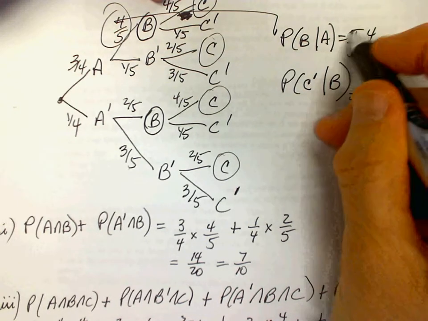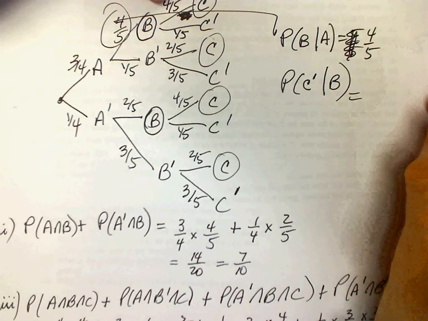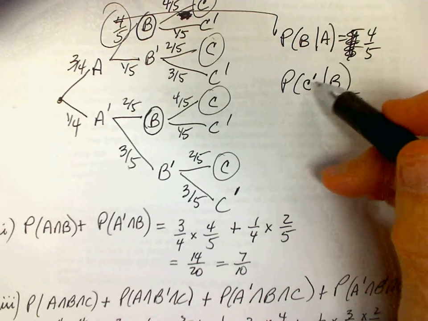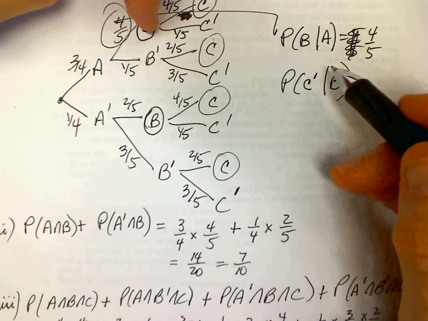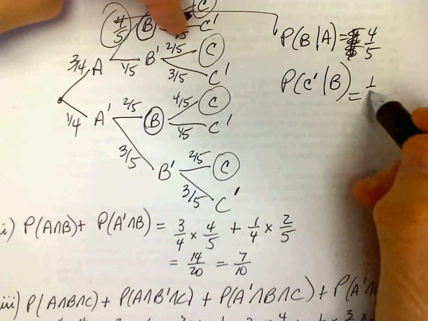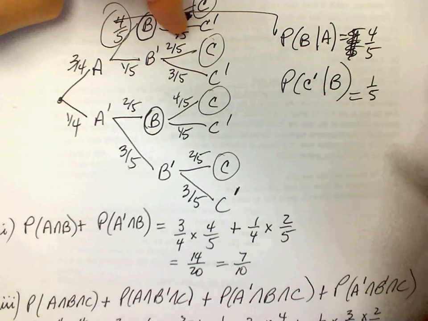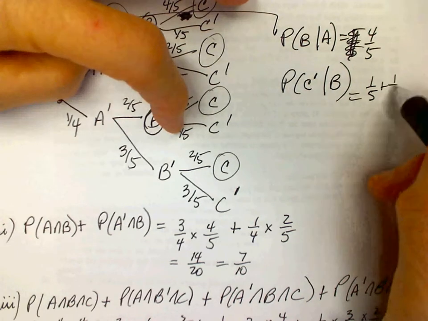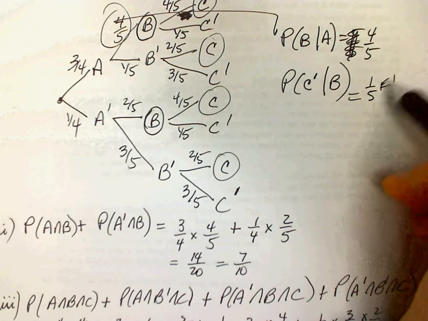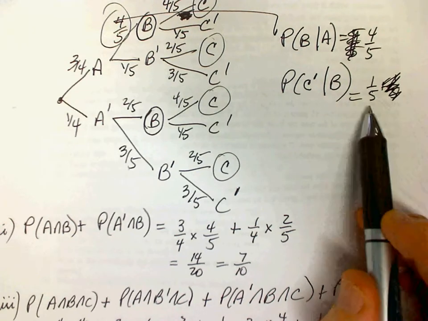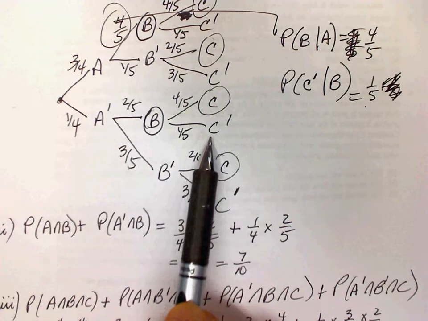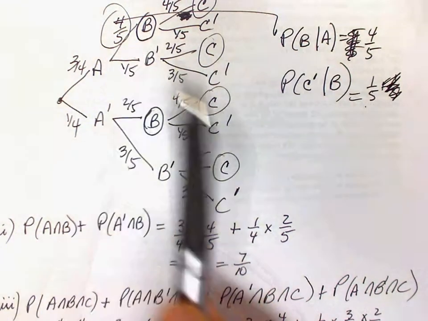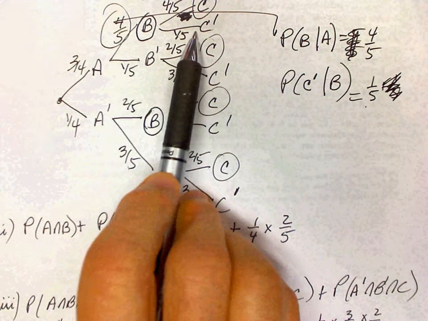But the probability of C wrong given B was right is going to be 1 over 5. C right given B wrong? No, C right given B right? No, C wrong given B right. Yeah, always 1 over 5.